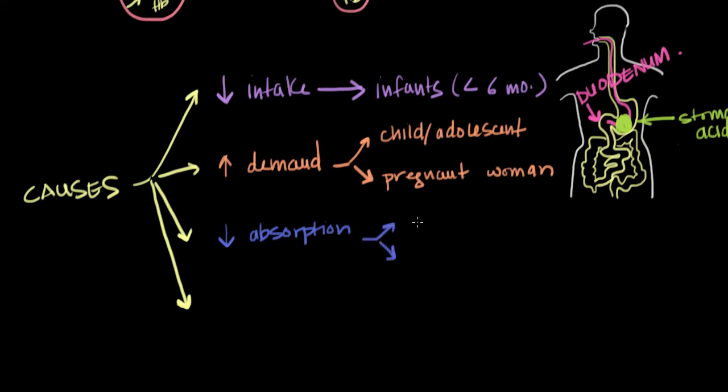The first way is you could just not be making enough stomach acid. So you have a decrease in the production of stomach acid. The second way you could end up with a problem in the absorption of iron is having some sort of problem in the duodenum.